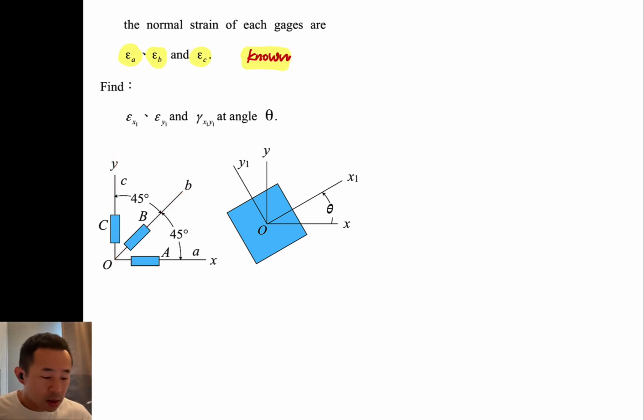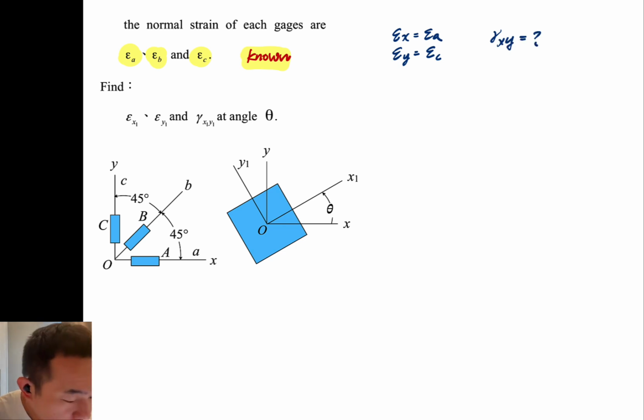Okay, so we want to use these three known values to get gamma xy. Okay, so how can we get this? Let's take a look.